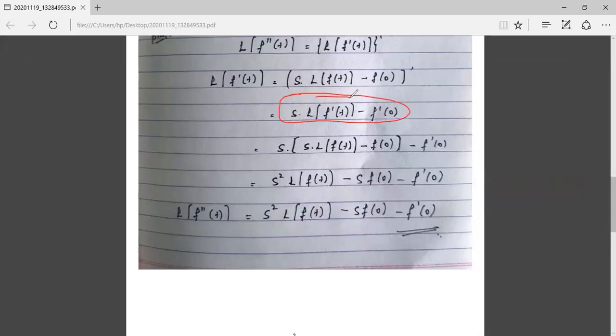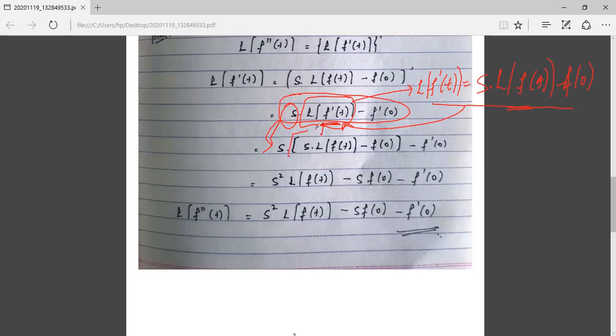Now again we get the same property: the Laplace transformation of f dash of t is equal to s times the Laplace transformation of f of t minus f of 0. So using 5.1, instead of writing this, we write it out. The s stays outside, and f dash of 0 stays as it is outside.